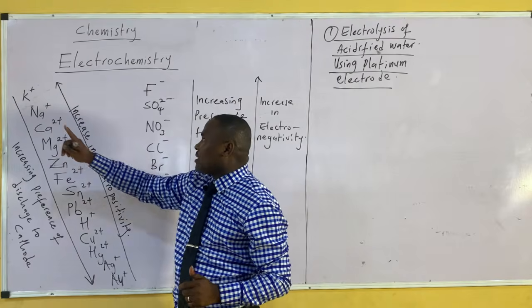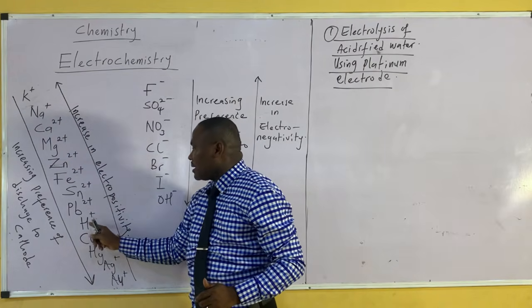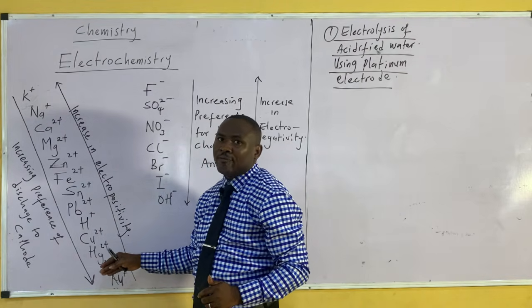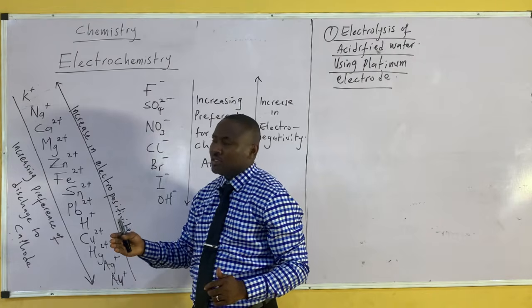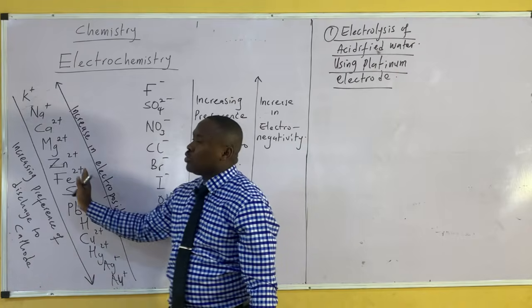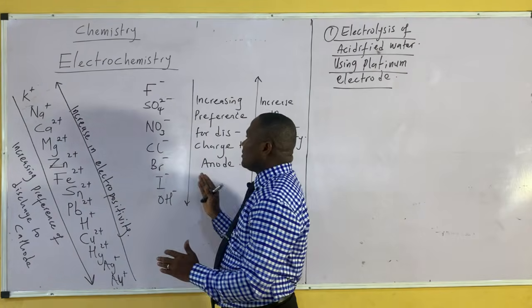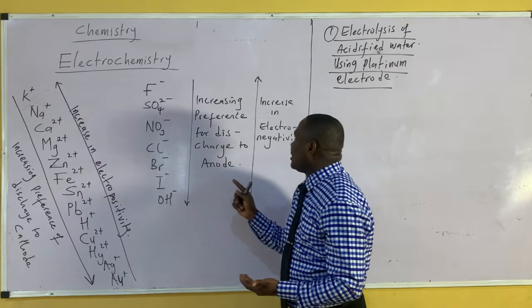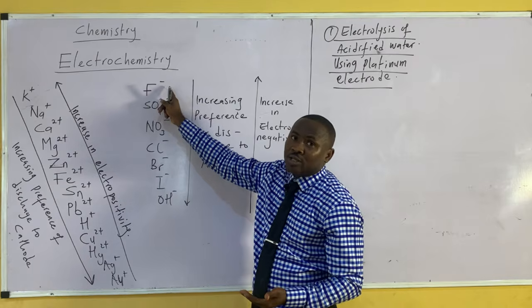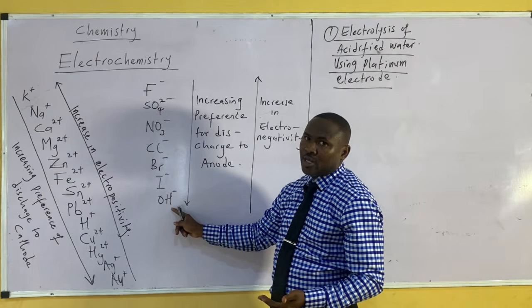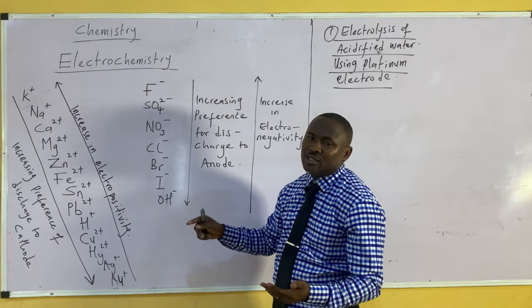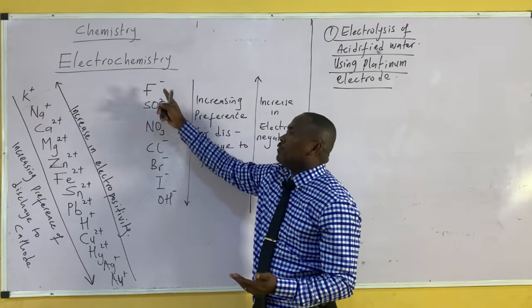So if I have a case of sodium ion and any of these ions below, they have more chances to be discharged at the cathode over those above. So when you have this knowledge, remember, electronegativity is increasing up. Fluorine is more electronegative than OH minus, but OH minus has more tendency to be discharged over fluoride ion.